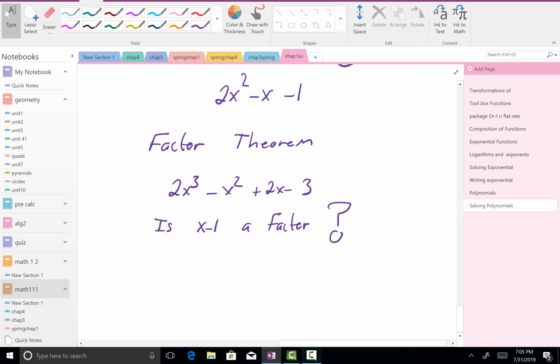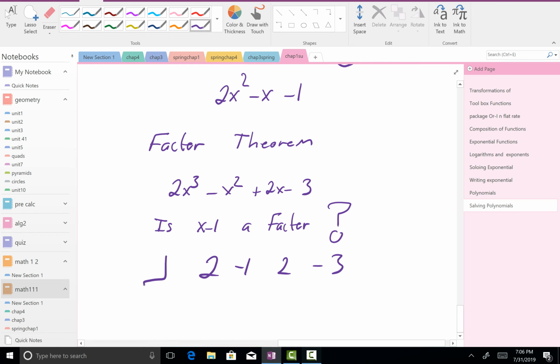So, we can do this one of two ways. All right? If it's a factor, what did we just figure out? If this x minus 1 is a factor, that means it's going to go in here. And what should the remainder be? 0. Okay? So you could use synthetic division. 2, -1, 2, -3.